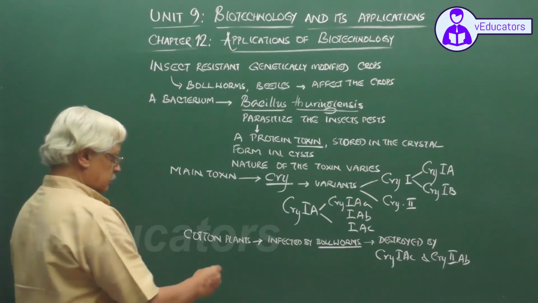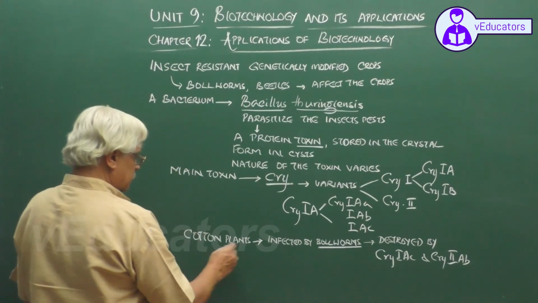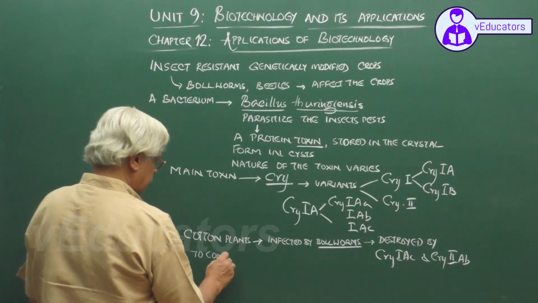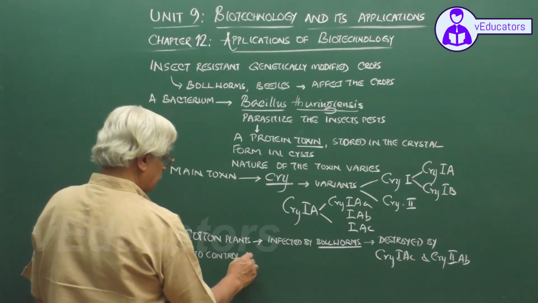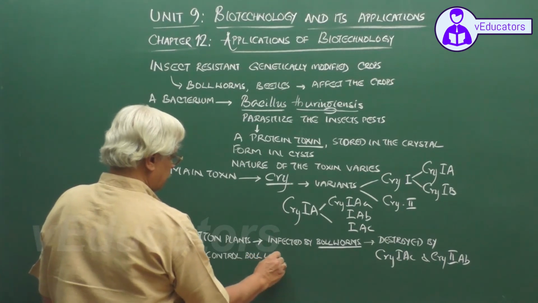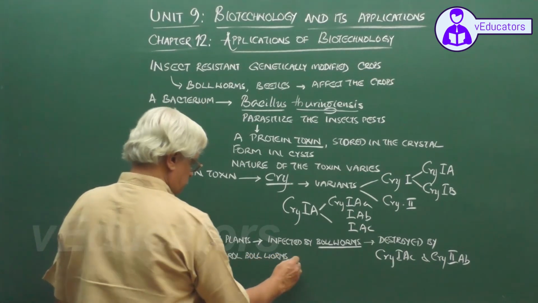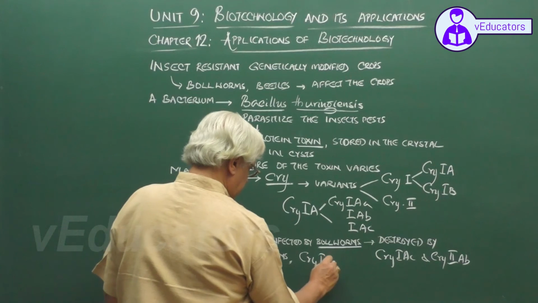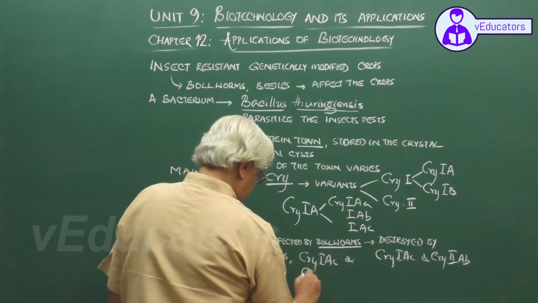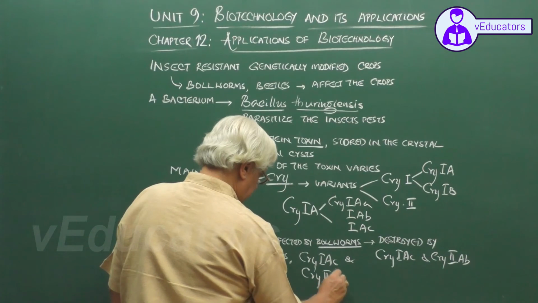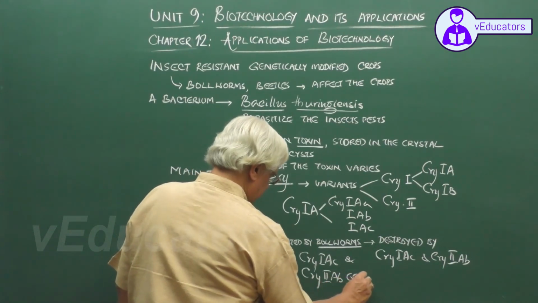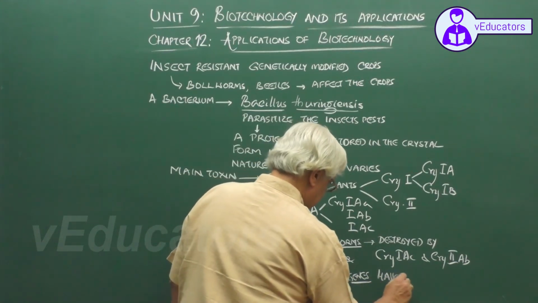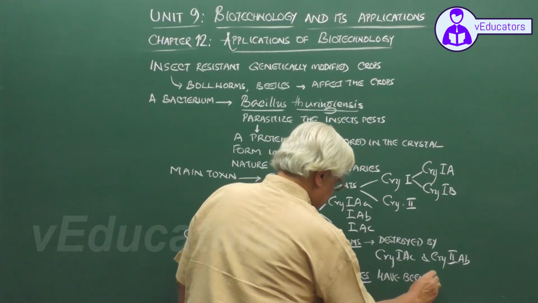For example, the cotton plant infected by bollworms, to control bollworms, the Cry 1AC and Cry 2AB genes have been introduced.